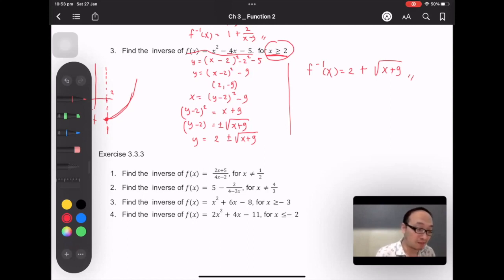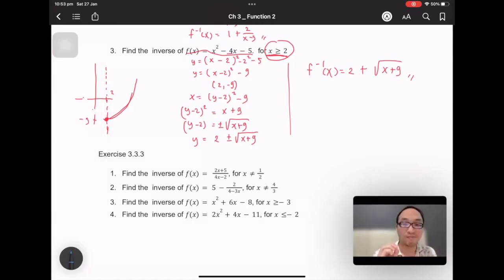But if we have x smaller than or equal to 2, which is the other part, we have to take the negative: 2 minus square root of x plus 9. So you have to consider the domain.